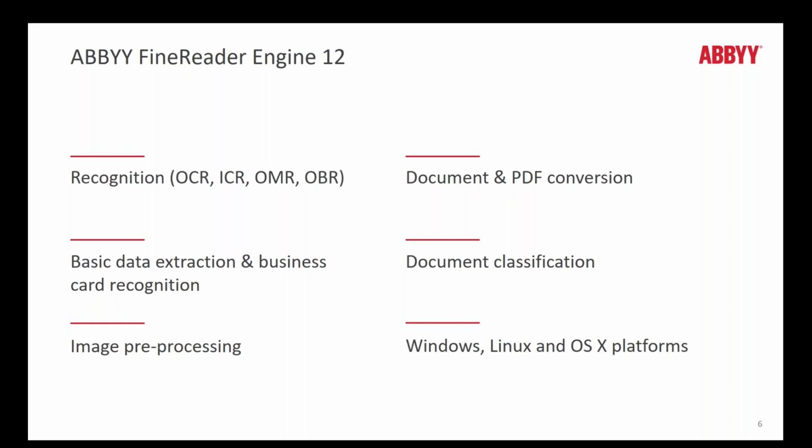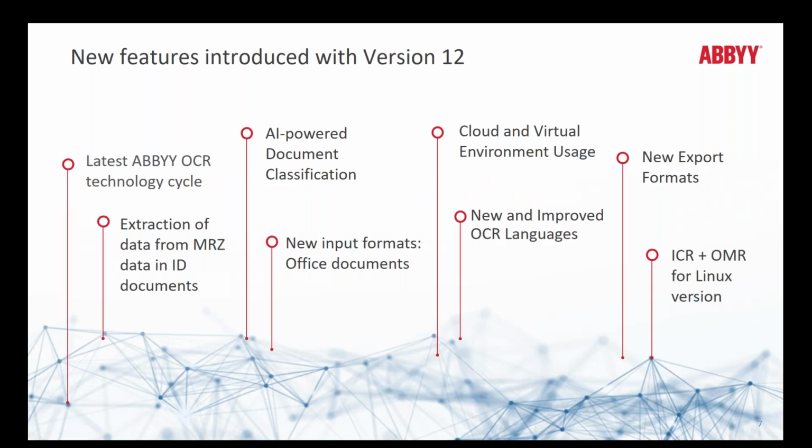Another quite new and, I would say, revolutionary technology is document classification in FineReader Engine. We also provide powerful tools for image pre-processing to enhance the image quality, which is essentially important to achieve a high accuracy result. And FineReader Engine is available for Windows, Linux, and Mac operating systems.